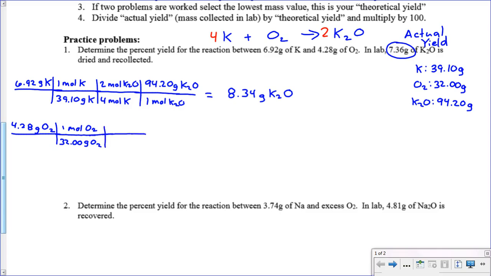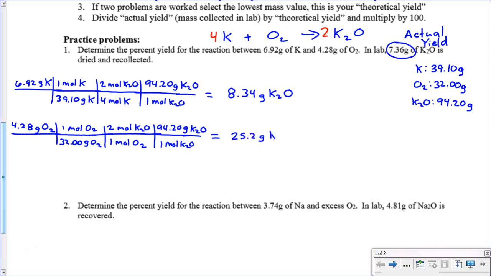Then moles to moles, converting from moles of O2 to moles of K2O: for every 1 mole of O2, there are 2 moles of K2O. And then moles of K2O to grams of K2O: using the molar mass, every 1 mole of K2O has a mass of 94.20 grams. If you go through and calculate that, you get a mass of 25.2 grams of K2O.